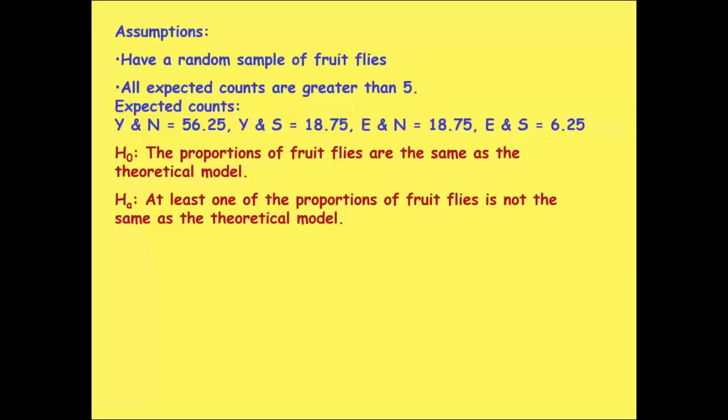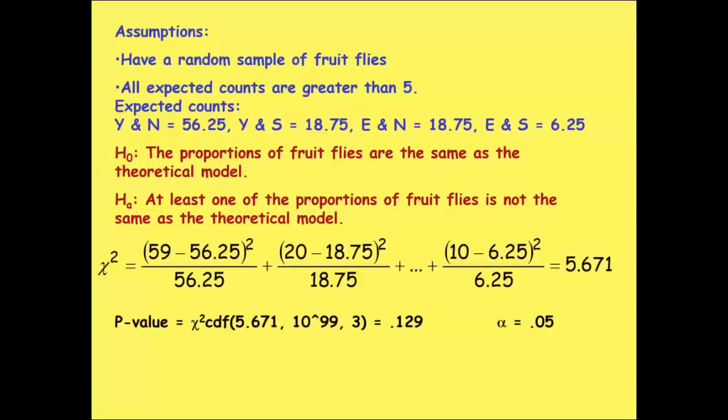Then we're going to set up our formula. Keep in mind we already used the calculator to generate this number. We're just formally showing our work as one would do it by hand: 59 minus 56.25 squared divided by 56.25, then 20 minus 18.75, and so on. And we got a p-value of 0.129 with an alpha of 0.05.